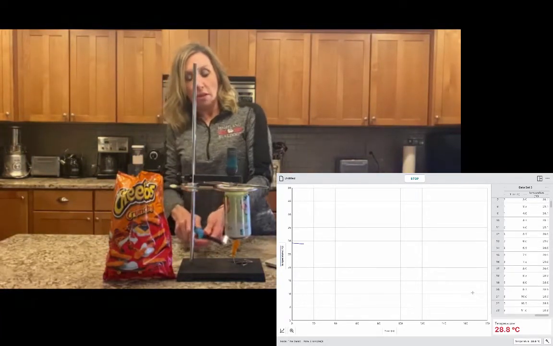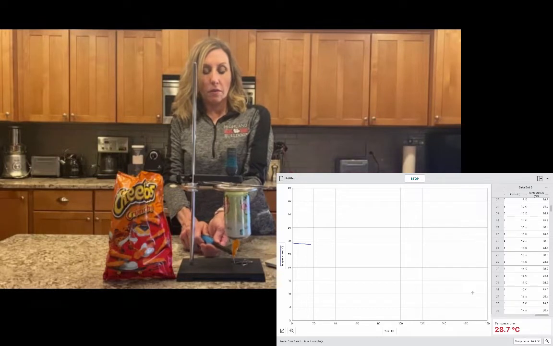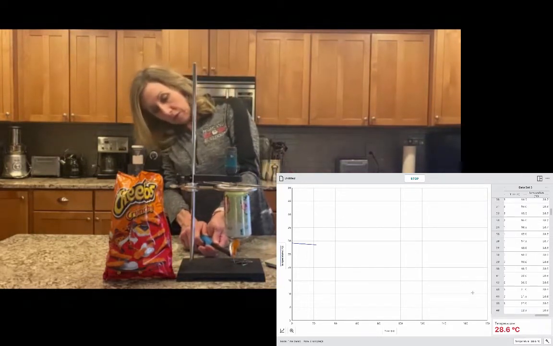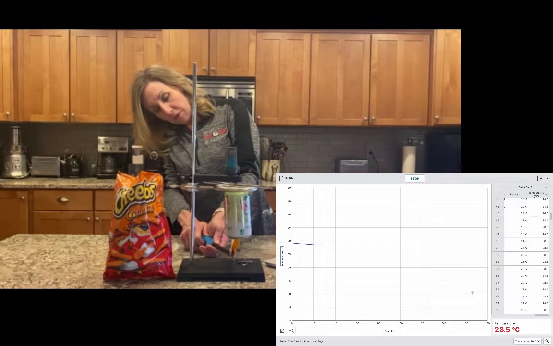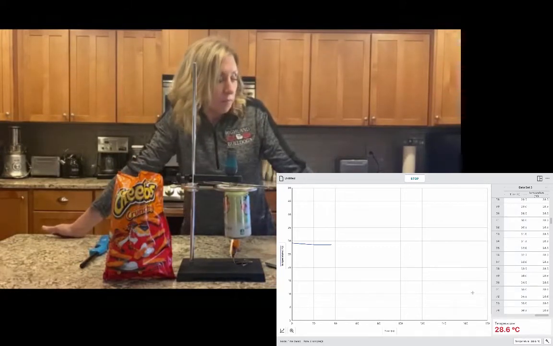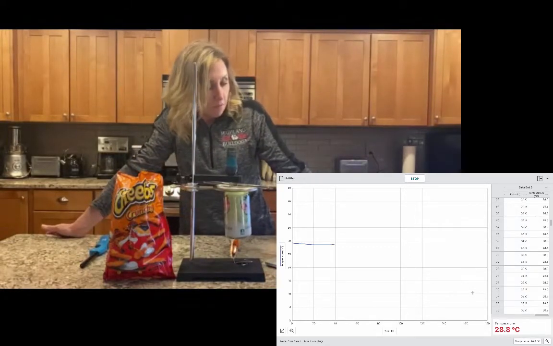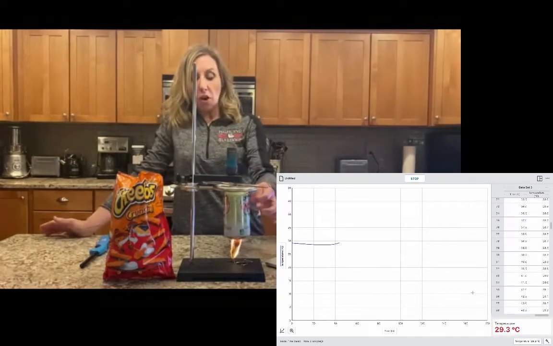I'm going to do the same thing here. So again, still 100 milliliters of water in here.